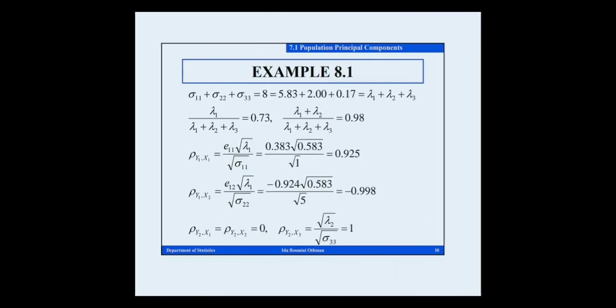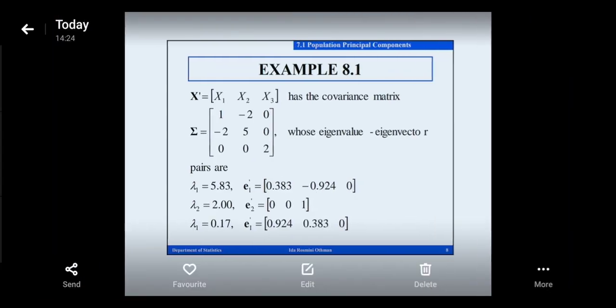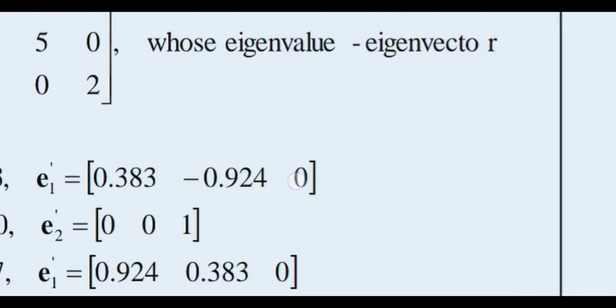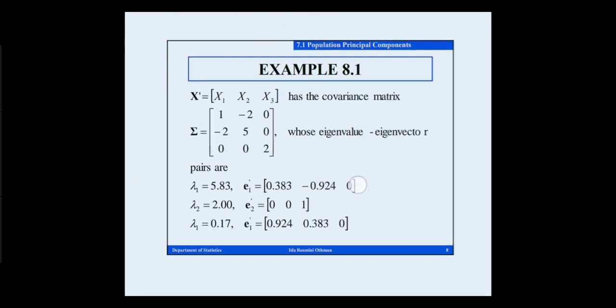Okay, let's look at an example, using the same example as before. Let's say we want to find which variables are most important to the first, second and third principal components. Start with the first principal component y1: we have x1 and x2. Why not find for x3? Because we can see here its variance and its eigenvector is 0.